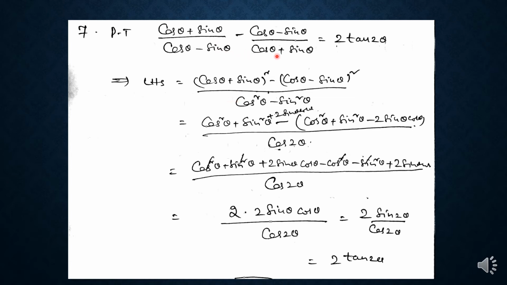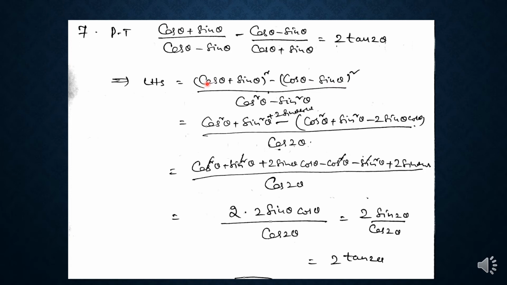So here we have taken the LCM as (cos theta minus sin theta) into (cos theta plus sin theta), that is cos square theta minus sin square theta. In the numerator we will get (cos theta plus sin theta) whole square minus (cos theta minus sin theta) whole square.